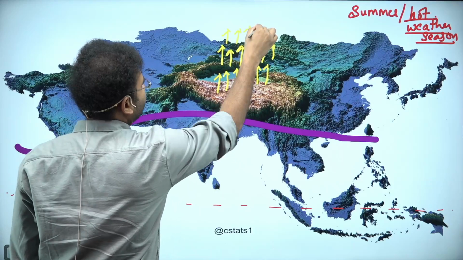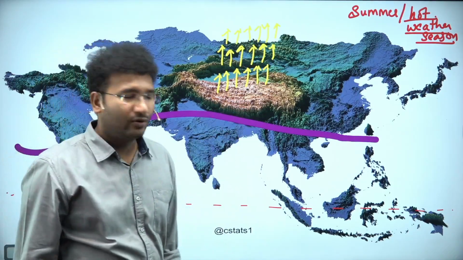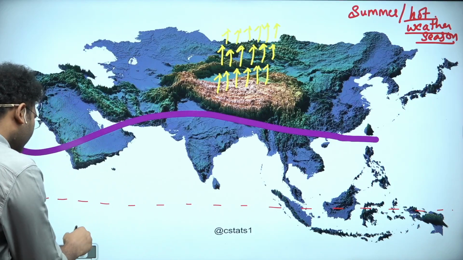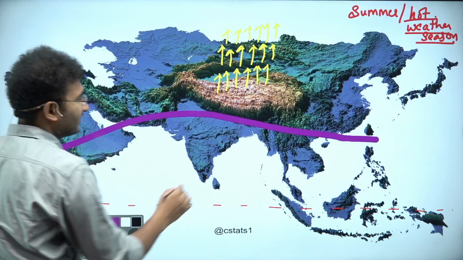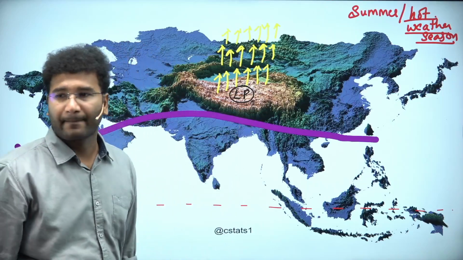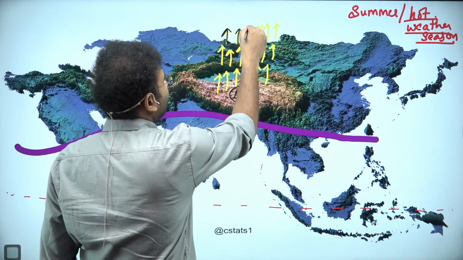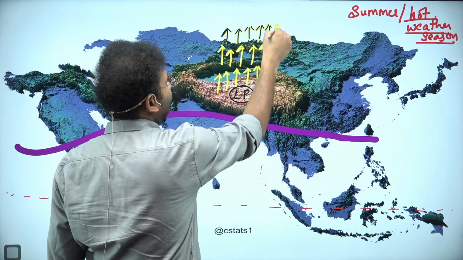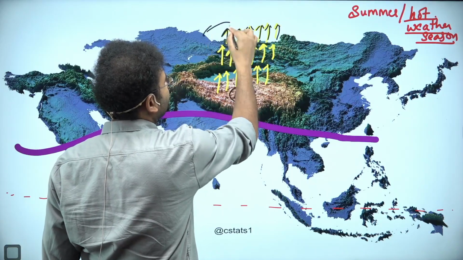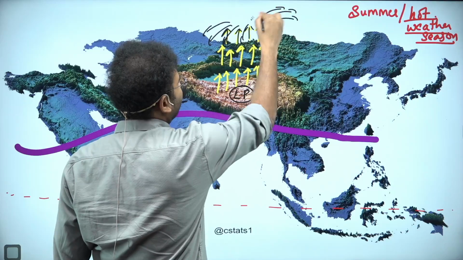Once the air rises to the top, can I call this Tibet a low pressure area? This is your low pressure system, right? And once the air reaches the upper atmosphere, it will start to diverge in all the directions.